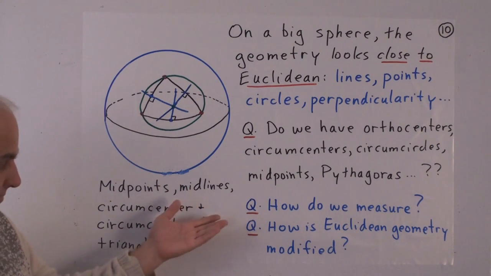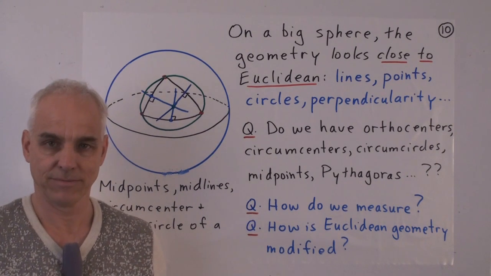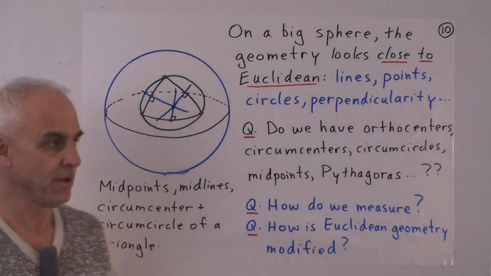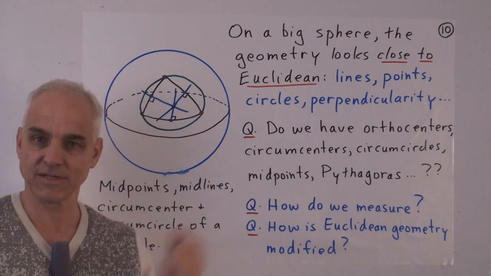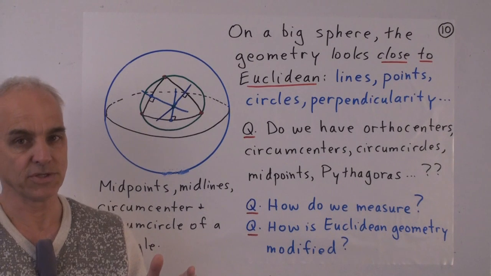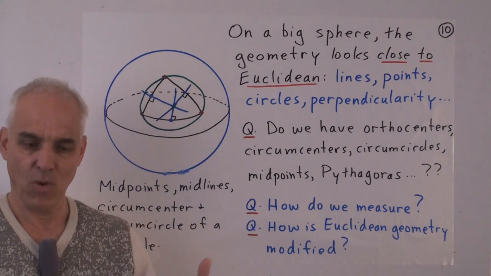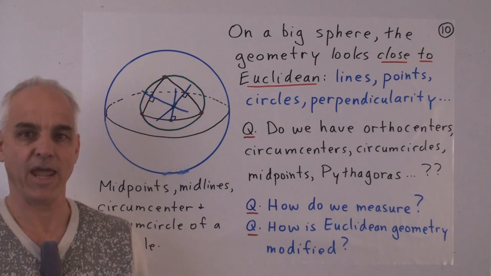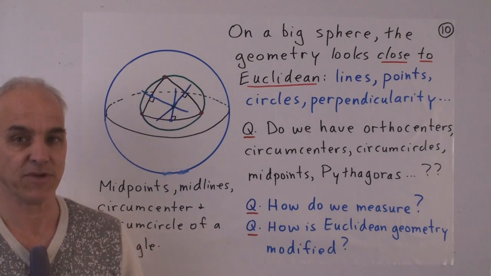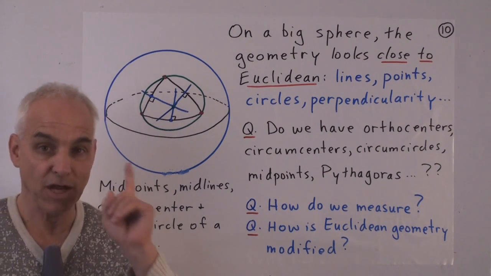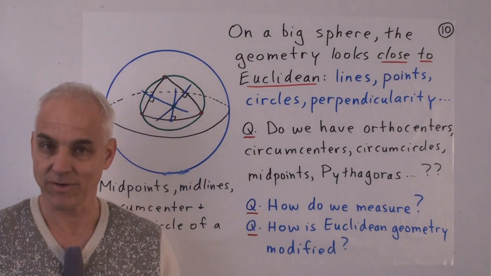And one question that we're going to have to wrestle with is, how are we going to measure things? What are we going to use to measure? Are we going to use angles and distances? Or are we going to use quadrances and spreads? Or something else? What is the best way of understanding measurement on the surface of the sphere? That turns out to be a very important but highly non-trivial question.